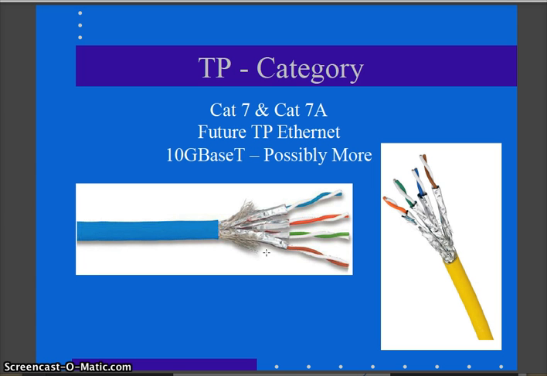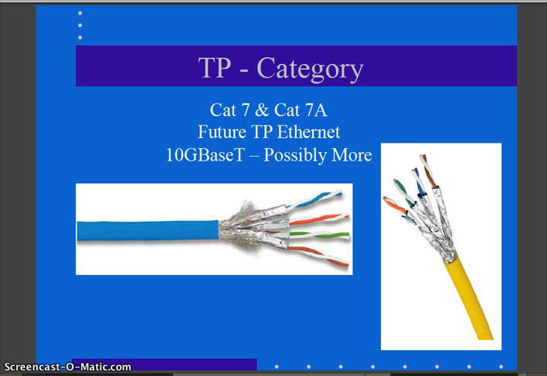As we move ahead in the future, we're getting into category 7, category 7A. What you start running into in many cases is category 7 looks roughly like this, category 7A looks roughly like this. What you're running into now is each wire pair is insulated, and there's typically a foil shield or a braid around all 4 wire pairs.